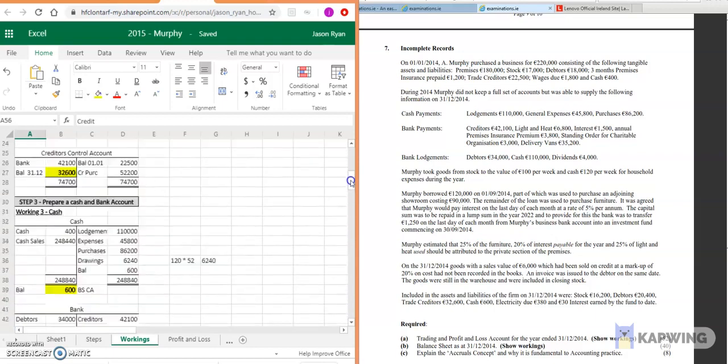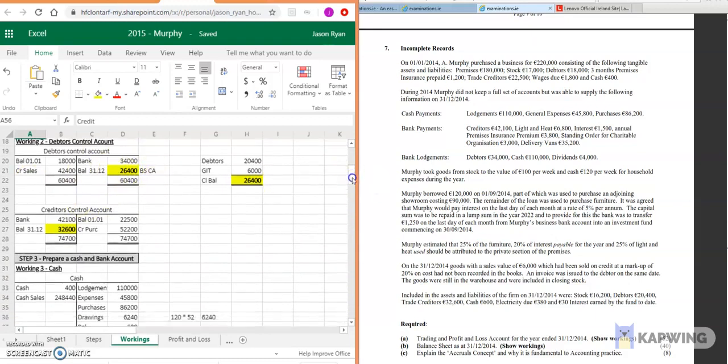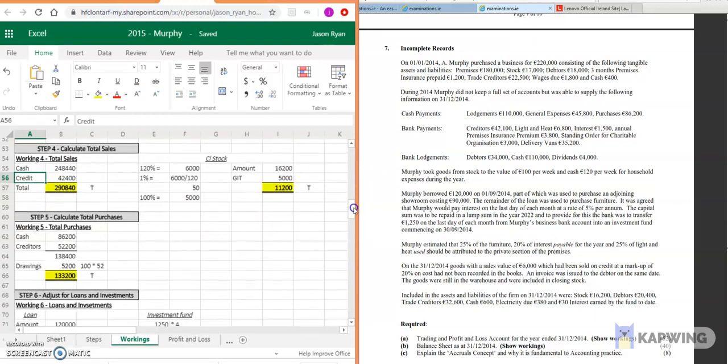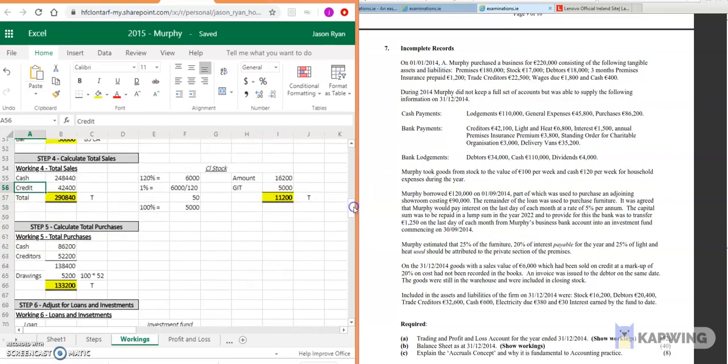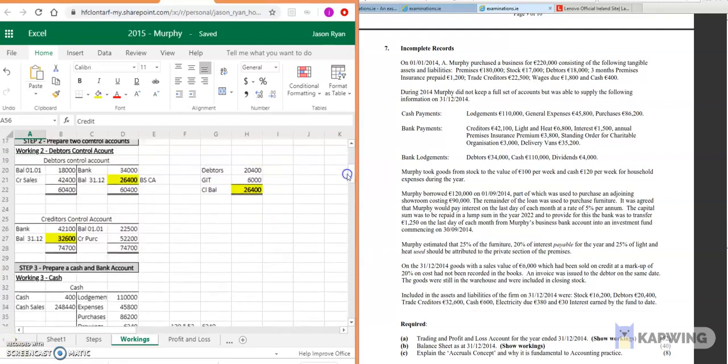So we go back up here to your debtors. We would have calculated our cash figure for debtors, 42,400.